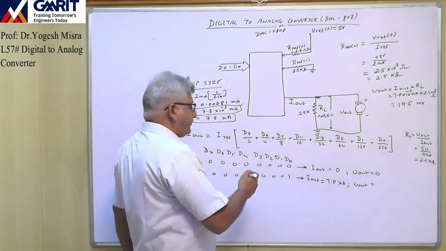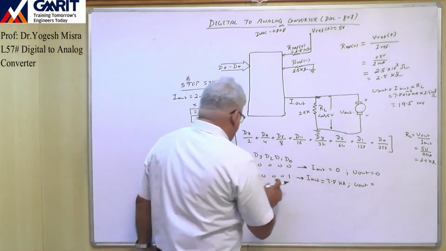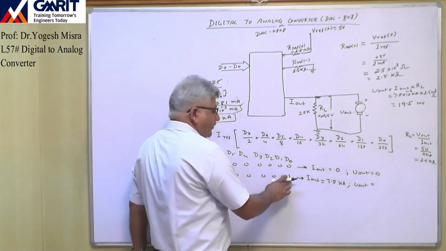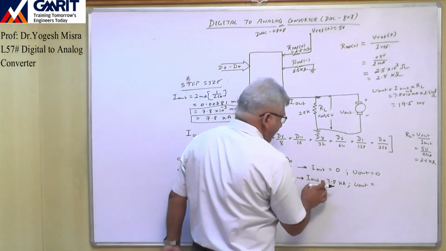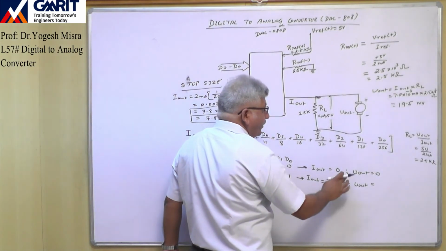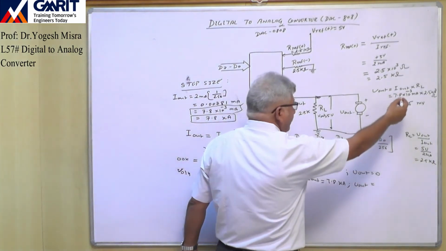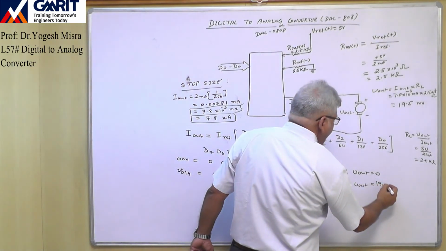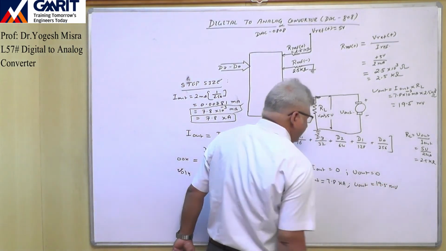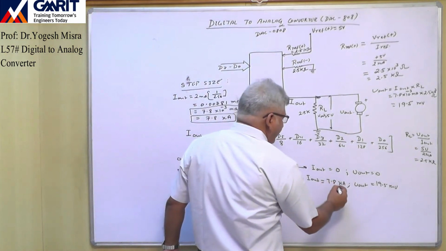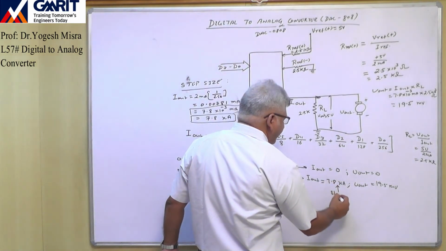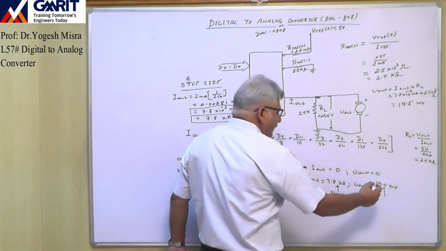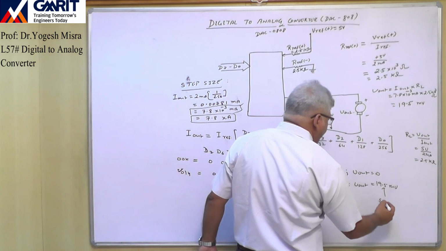So in this case, if we are giving this input combination to this DAC, then the output current is 7.8 microampere, or 7.8 into 10 raised to the power minus 3 milliampere, and the output is 19.5 millivolt. So this is our step size, or we can call this also our step size in terms of voltage.